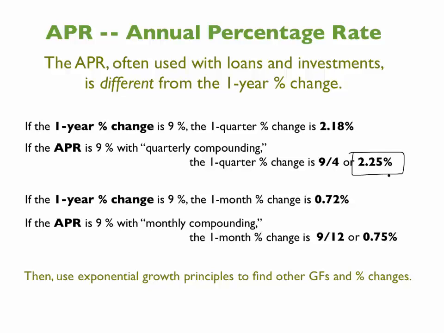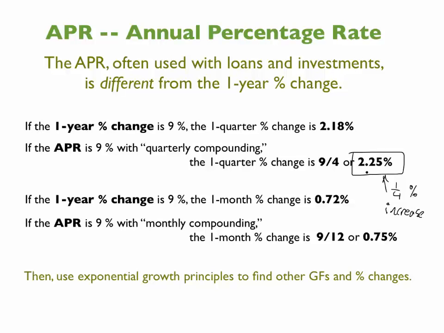So what's the true percent increase per year? If this is the 1 quarter percent increase, then what's the true percent increase in a year? Figure it out. Now you're going to do exactly what we did before. It's kind of like you're working back to a year using the true exponential growth.